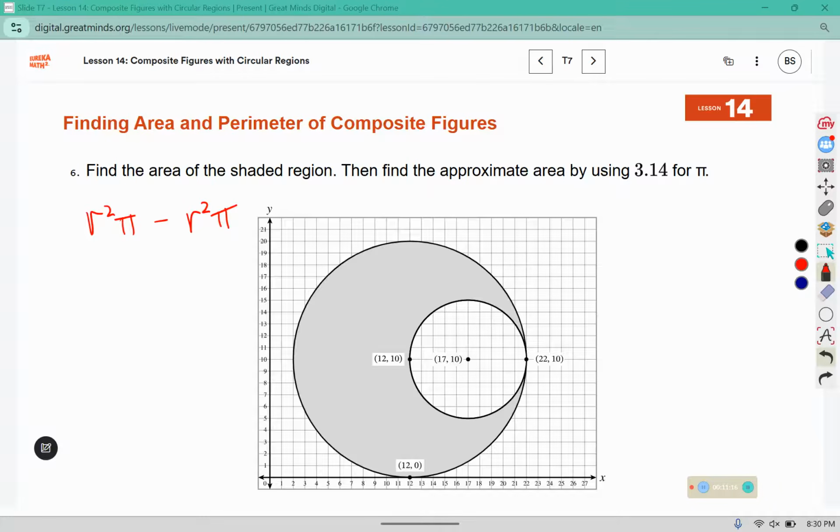The outer circle, from the inside to the edge, has a radius of 10. You can see it's at 12 here and at 2 here, so the difference there would be 10. And then the inner circle has a radius of 1, 2, 3, 4, 5.